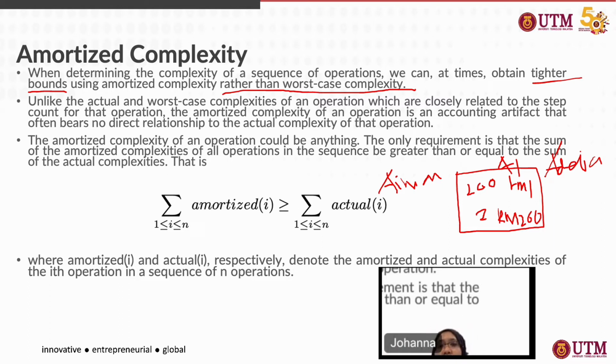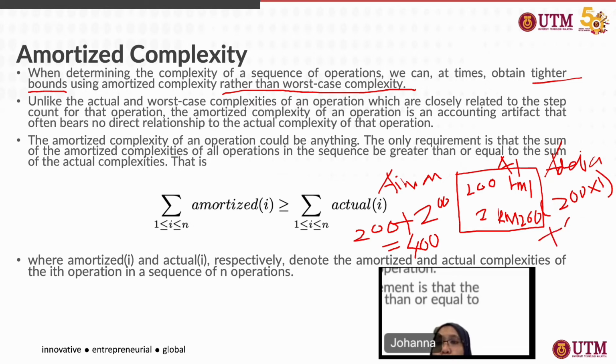Maybe Aiman, because he is in a rush, just says you need to have 200 plus 200, so he asks you to bring 400. That is roughly it. Then you have another friend, Adelia, who calculates it as 200 times 1 plus 2 times 200.